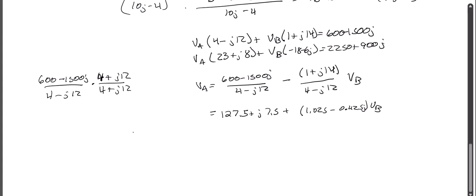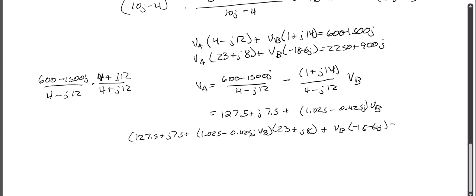So you substitute all that in: (127.5 plus j7.5 plus (1.025 minus 0.425j) VB) times (23 plus j8) plus VB times (minus 18 minus 6j) equals 2250 plus 900j.